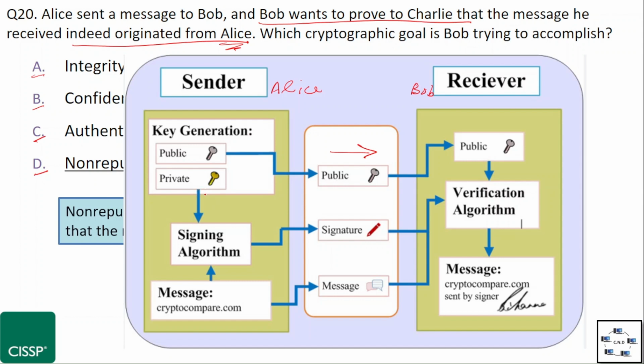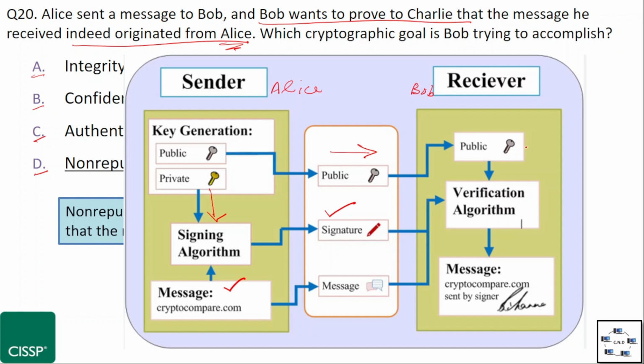It is not shared with anyone. The message that she wants to send is signed with her private key. Signing means basically encrypting it. When you sign the message with your private key, it is known as a signature. Alice also sends the message in clear text to the receiver, in this case Bob.